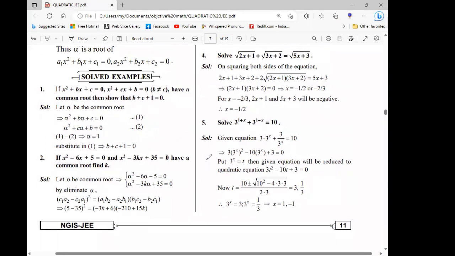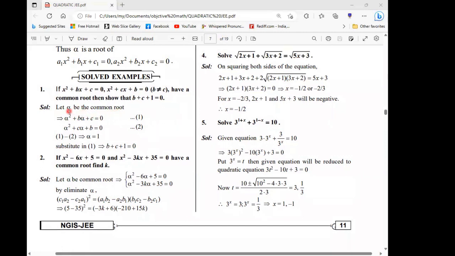The first question: x square plus bx plus c equal to 0 and x square plus cx plus b equal to 0, where b is not equal to c, have a common root. Then show that b plus c plus 1 equal to 0. Let alpha be a common root.